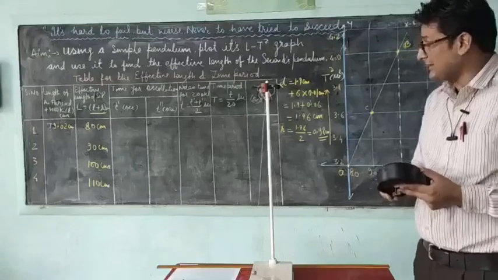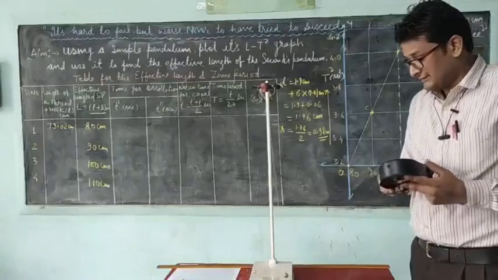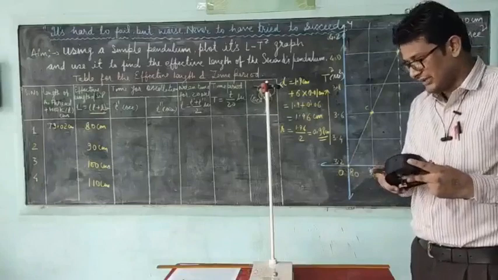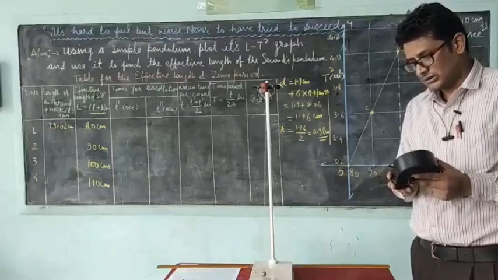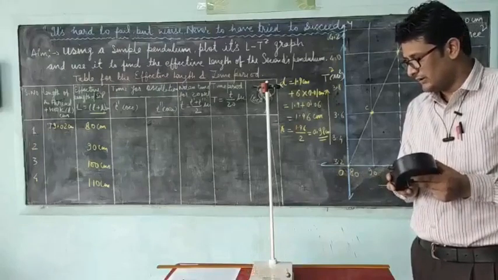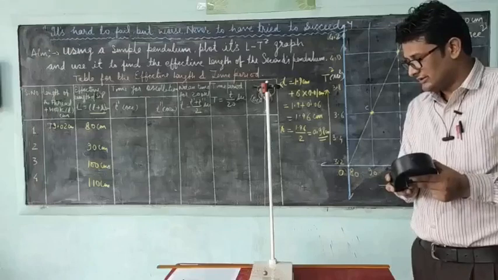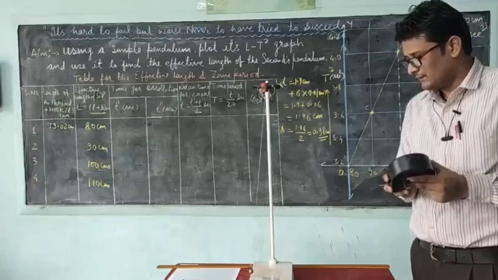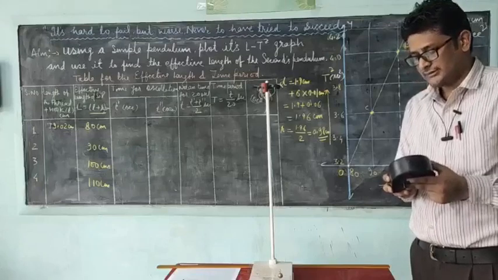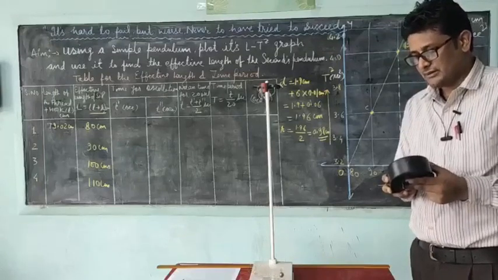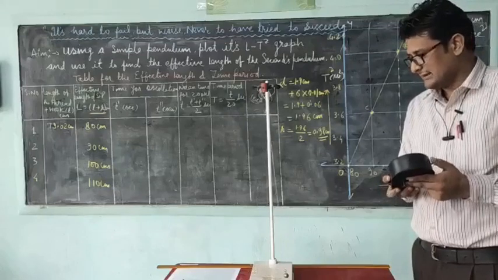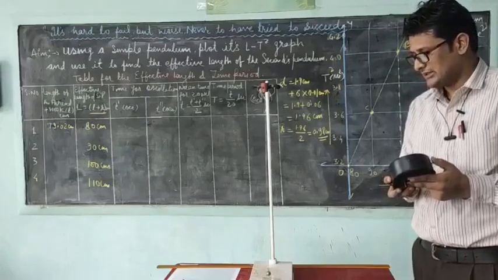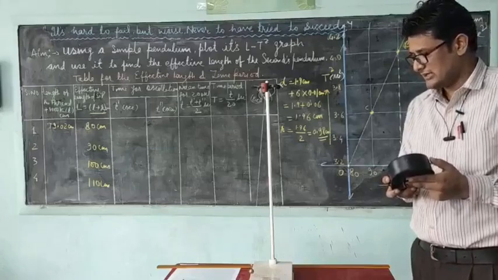In 20 oscillations I am getting 36 seconds. In the next 20 we will do it again and count 1 to 20.